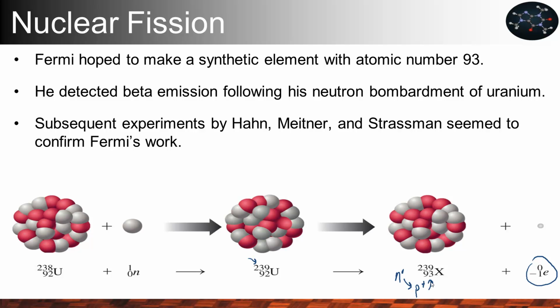So we increase the size of that particular atom into a new element by just bombarding with neutrons and getting beta decay to then occur to the unstable nucleus, resulting in something with a number of protons that's greater by 1.